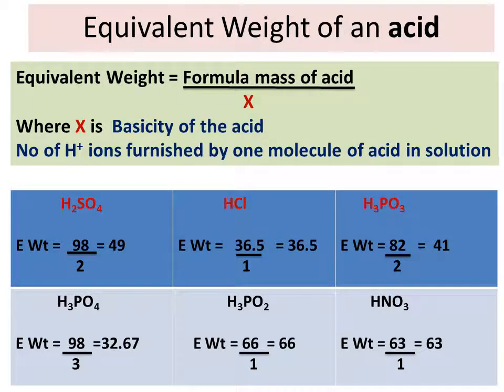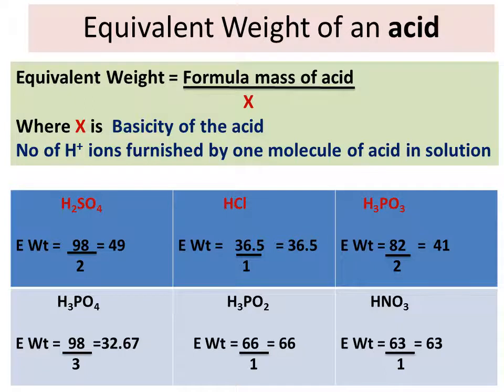In case of phosphoric acid H3PO4, here again in the formula you can see there are 3 hydrogens. In this particular molecule all the 3 hydrogens are given out in solution. So the number of replaceable hydrogens is 3. So 98 upon 3 comes out to be 32.67.